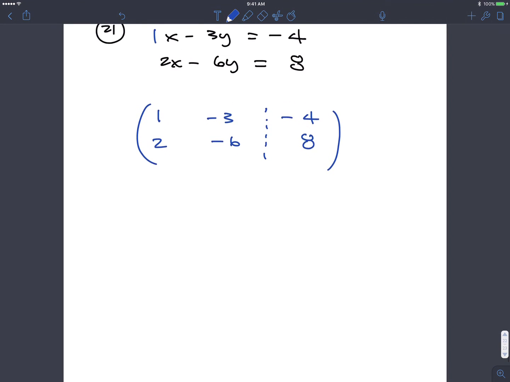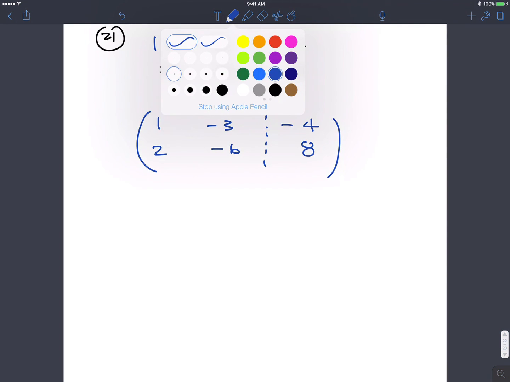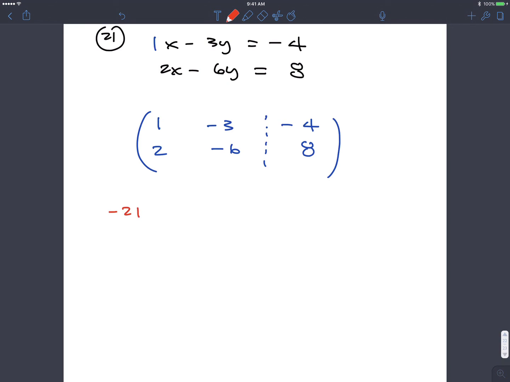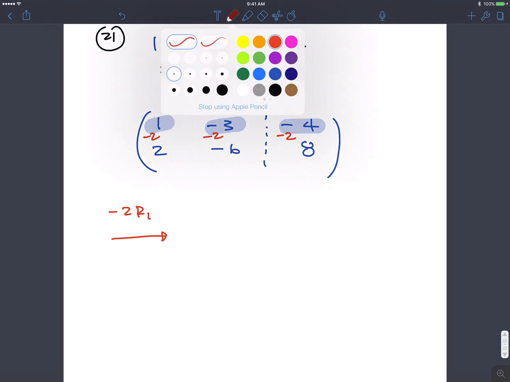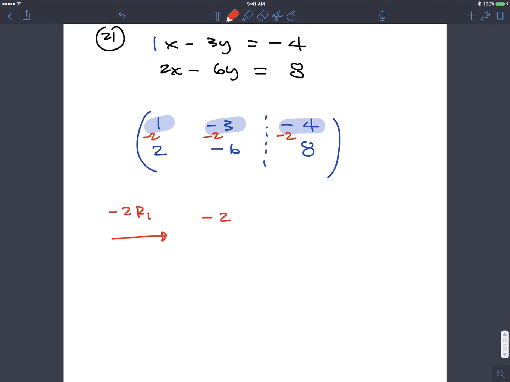So what we're going to do here is multiply negative 2 to row 1. We're going to change row 1. Every entry in row 1 gets multiplied by the negative 2. Okay, I end up with negative 2, positive 6, positive 8.